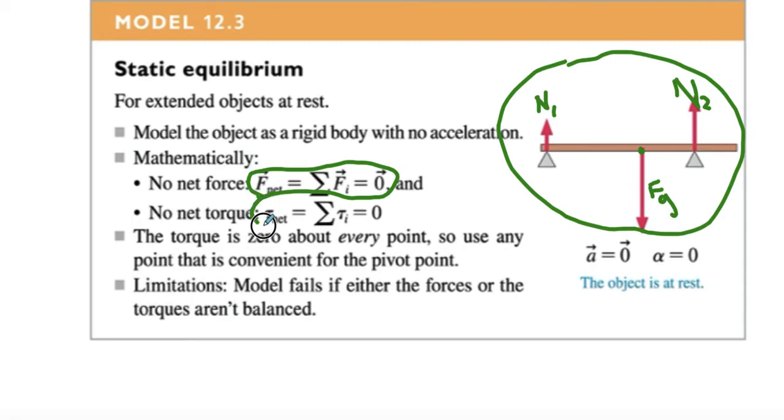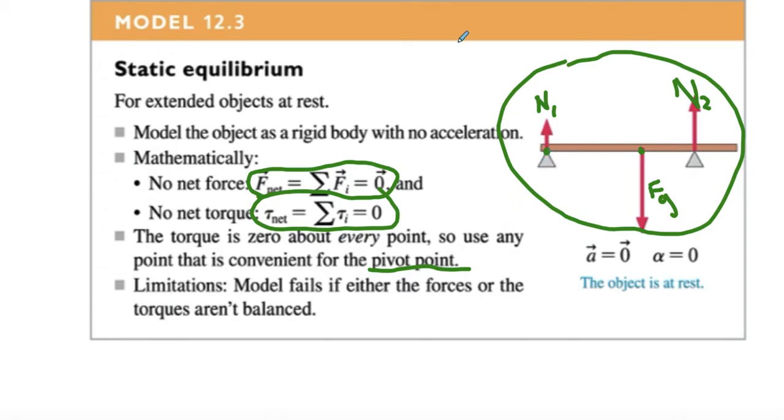And then the second part of static equilibrium is that the net torque equals 0. For torque, you have to define a pivot point, and the pivot point can be any point you want. I am going to define the pivot point in this question right at support point 1.